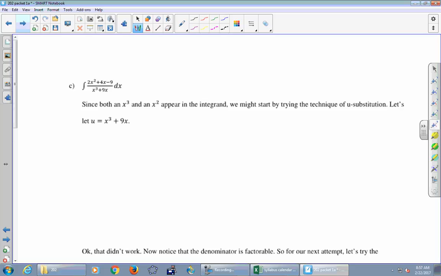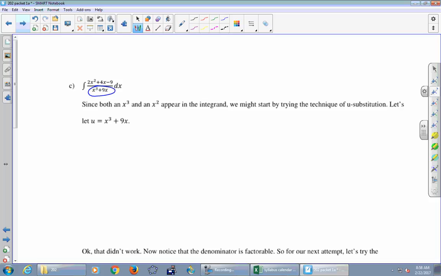2x squared plus 4x minus 9 over x cubed plus 9x dx. All right. The first thought that I have when I see this integral is that the power on the bottom, like oftentimes you'll let u equal the denominator when you're trying a u substitution. So what's the derivative of this x cubed term here?